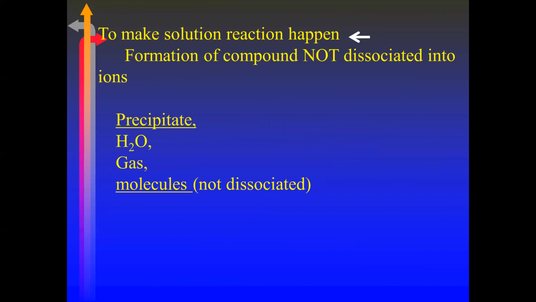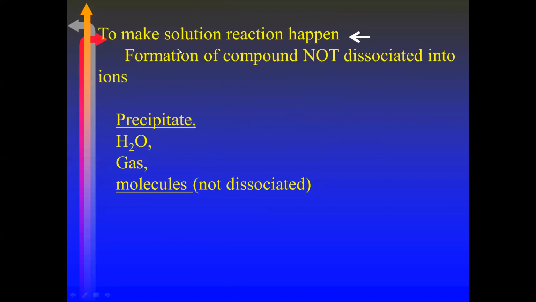So I think this is a very important slide, even though it seems simple. To make a solution reaction happen, the formation of a compound not dissociated into ions is required. It's a prerequisite.